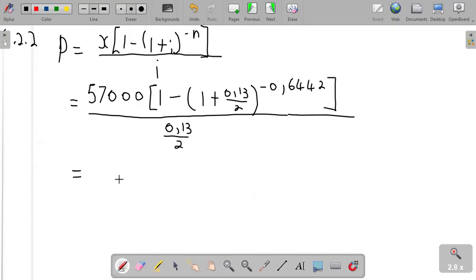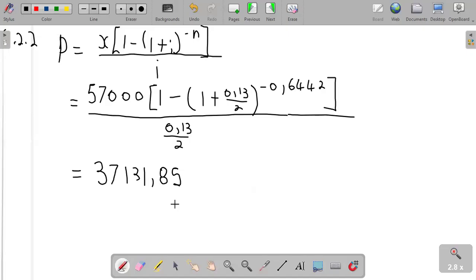It gives me 37,131.85, so to 2 decimal places, 37,131 rands 85 cents.